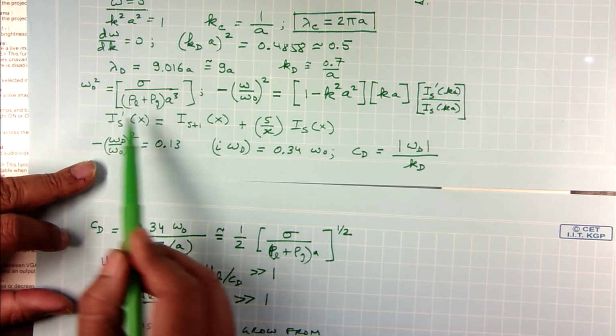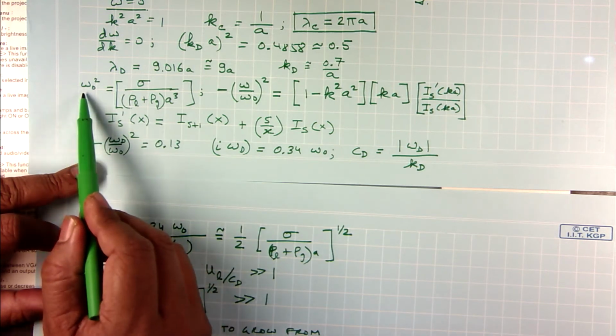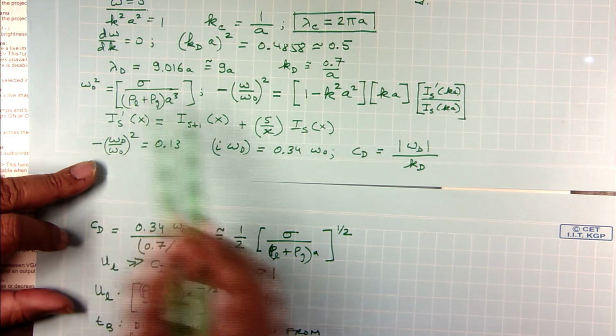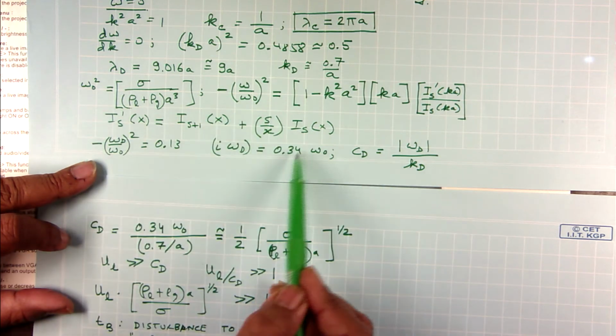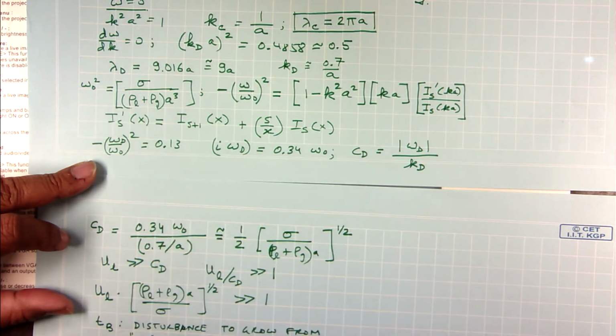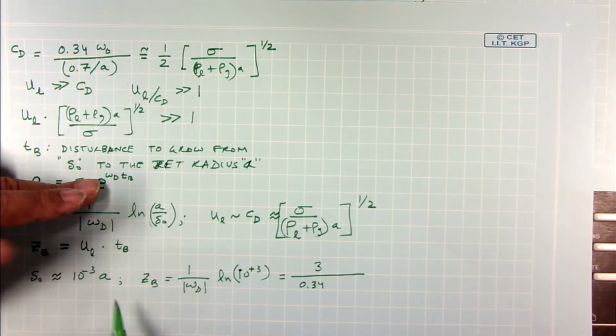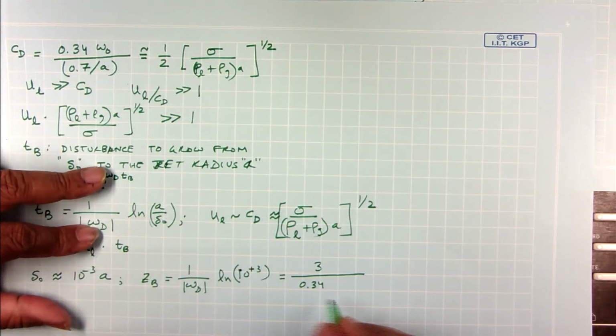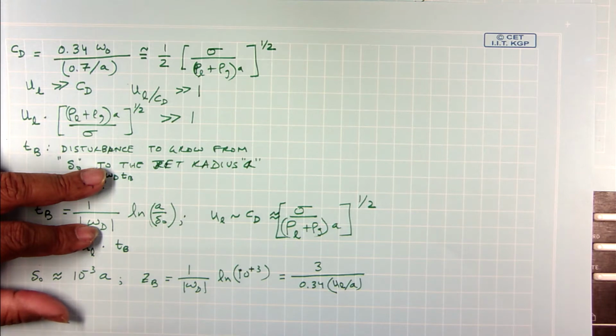That is omega naught. So you have to multiply this by 0.34 and substitute it here. In essence this becomes 0.34 times UL by A, because omega naught is UL by A.